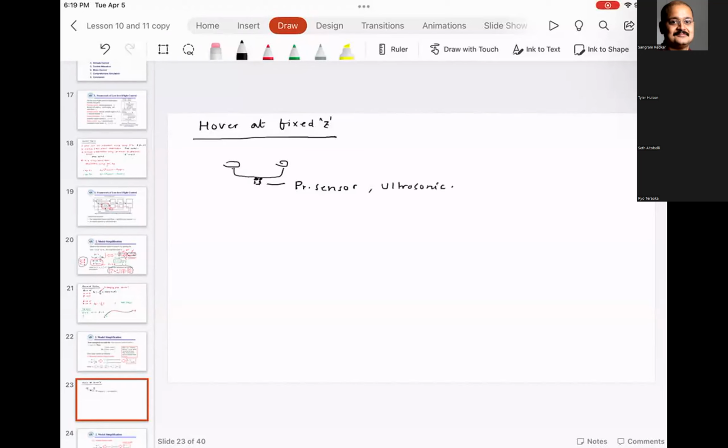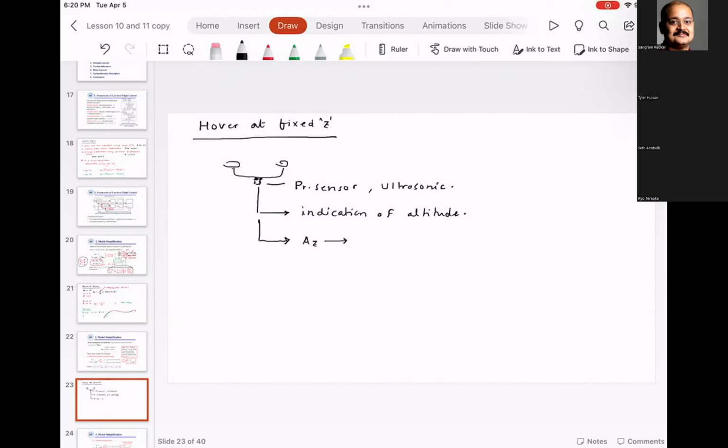In today's class, we will try to get the data from the pressure sensor and the data from the ultrasonic sensor. So pressure sensor data would be an indication of altitude. You also have an accelerometer in the Z direction, so AZ.